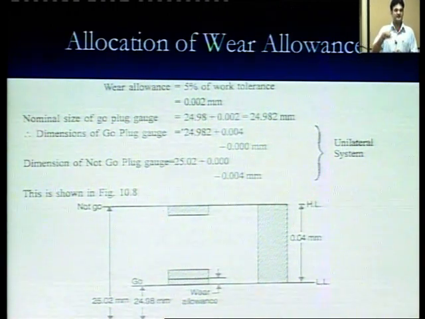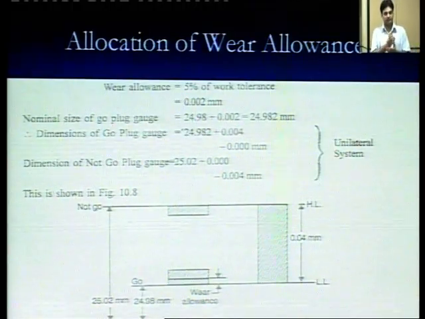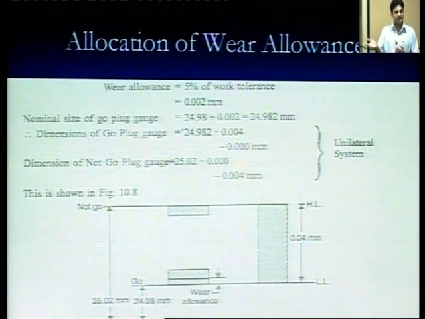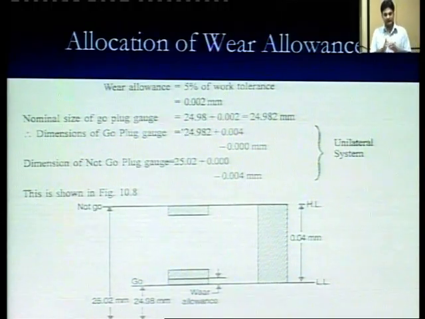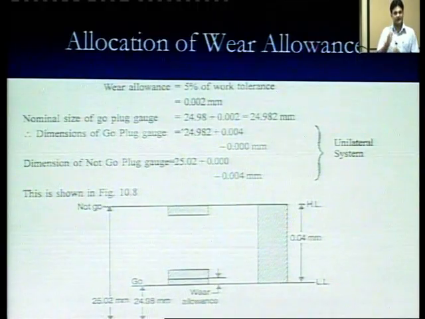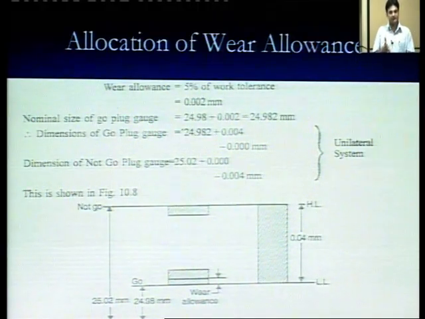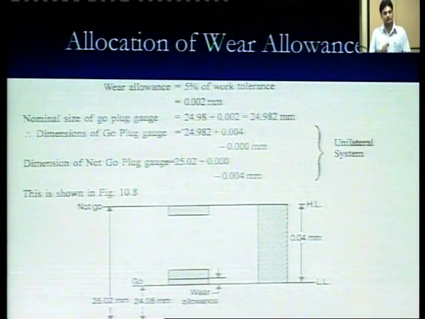It becomes 0.002 mm. Now, what will be the nominal size of the go plug gauge? It will be 24.98 plus 0.002. It becomes 24.982, and the dimensions of the go plug gauge will be 24.982 with upper limit plus 0.004 and lower limit minus 0.000.